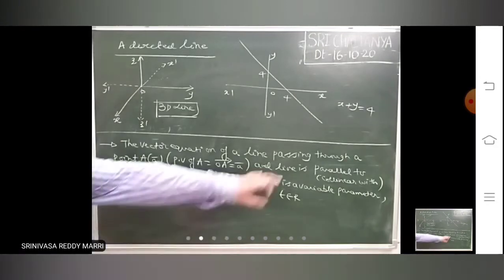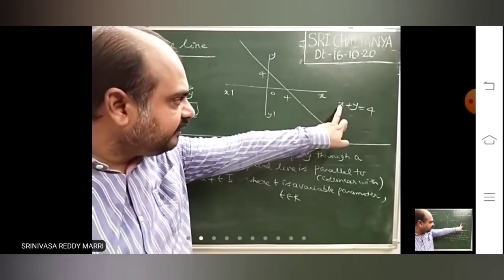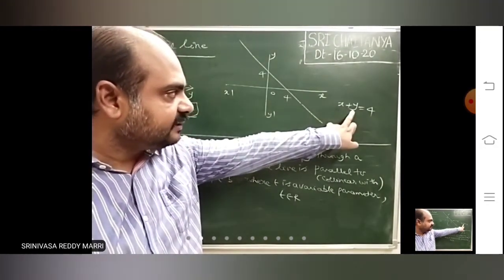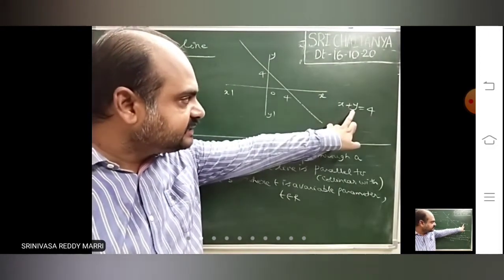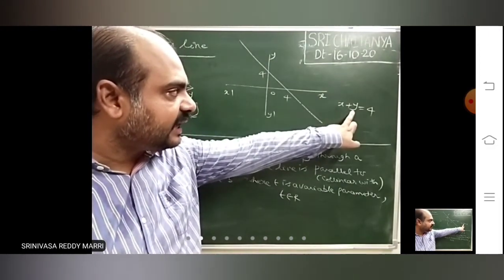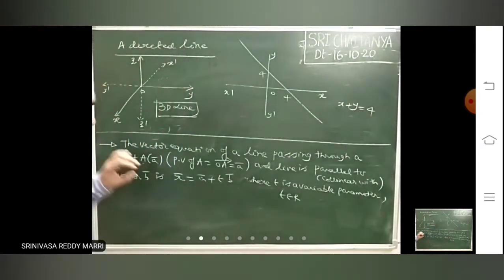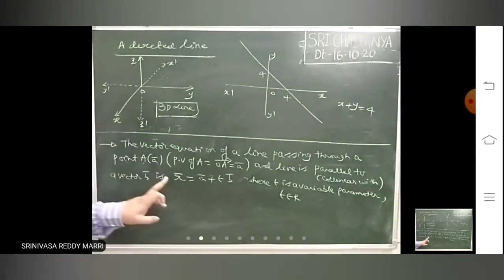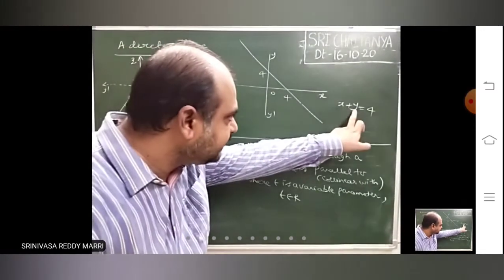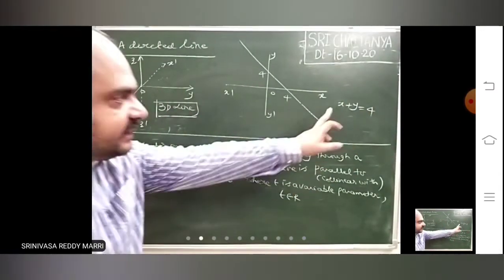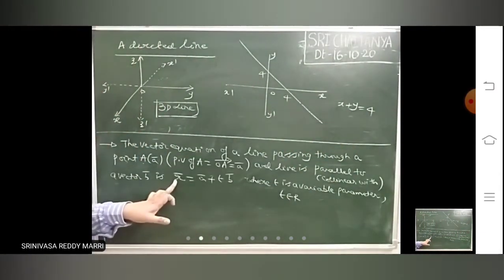Look at here, in the XY plane always we will represent in XY. This is called the Cartesian form of the line. Even in X and Y means Cartesian form. In vector form means always R bar. Here X and Y, z will be there. Like that, in vector form means always we have to write the equation in R bar.